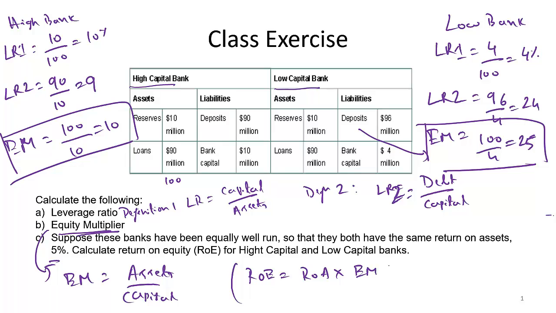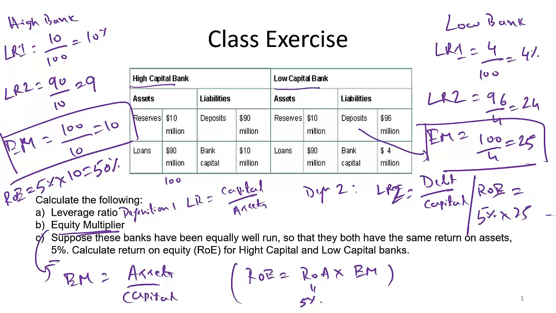ROA is given to be 5%. So ROE for the high capital bank would be 5% times an equity multiplier of 10, which means 50%. For the low capital bank, ROE would be 5% times 25, which is 125%.